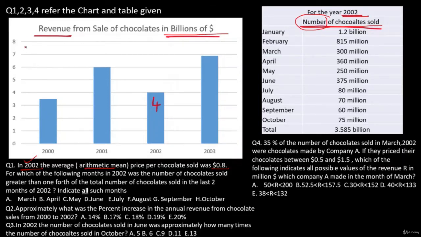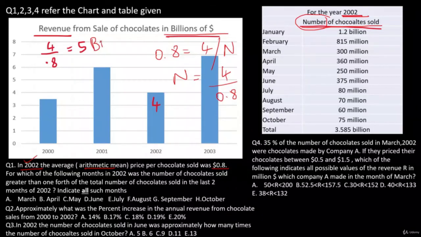So in this case, the average, which is 0.8, is equal to the total, which is 4 billion divided by the number of chocolates. Therefore, I can say that the number of chocolates is nothing but 4 divided by 0.8, in billions, because this is 4 billion, right? So 4 divided by 0.8 is nothing but 5. So that means in the year 2002, 5 billion chocolates were sold. So that's 5 billion.